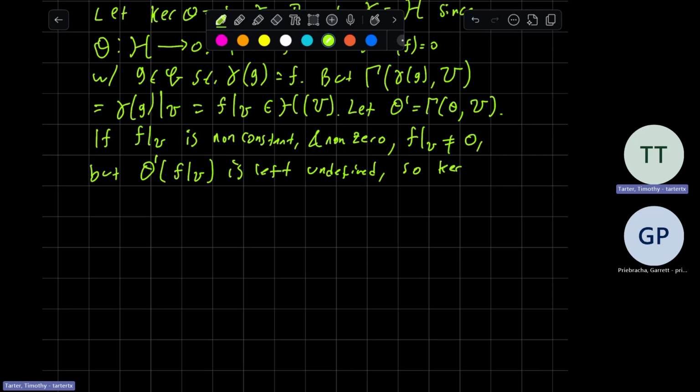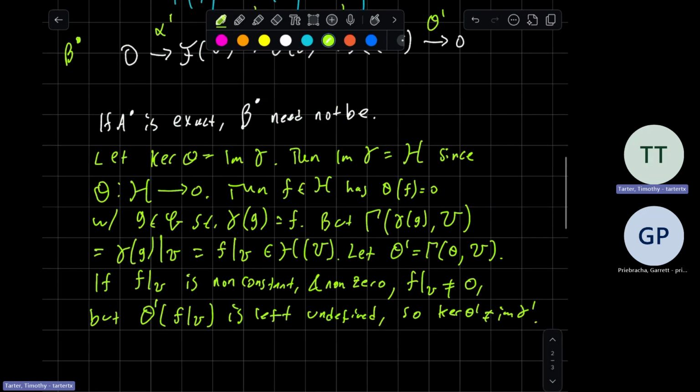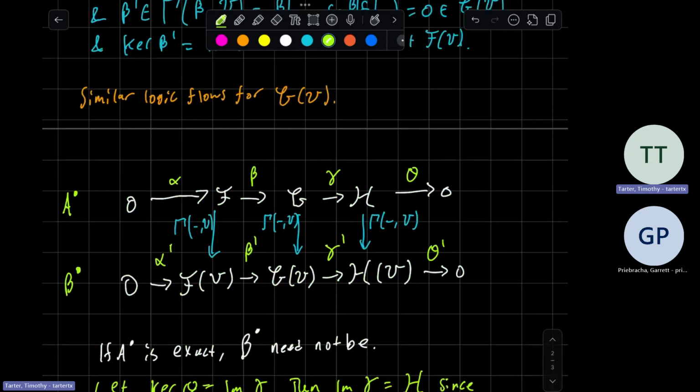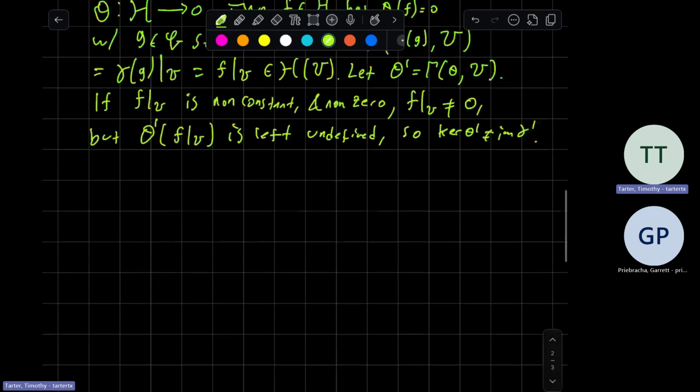Or sorry, ker theta prime is not equal to im gamma prime. So this doesn't have to be exact. Okay, that actually went a lot smoother than I was thinking it would.